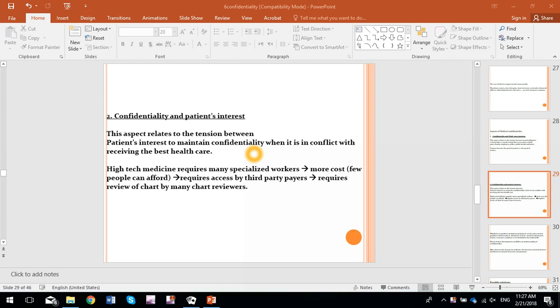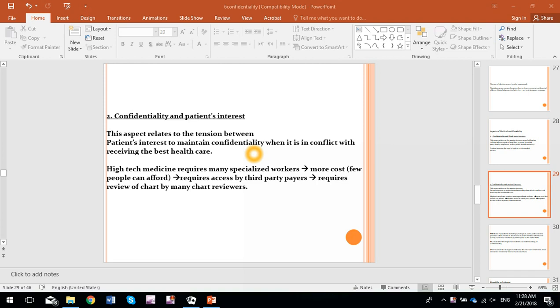In this case, you are compromising what is good for the patient physically and what is good for the patient in keeping his information. This is the tension that arises between the patient's interest to maintain confidentiality and his receiving of the best health care.